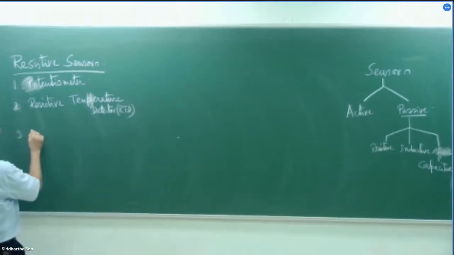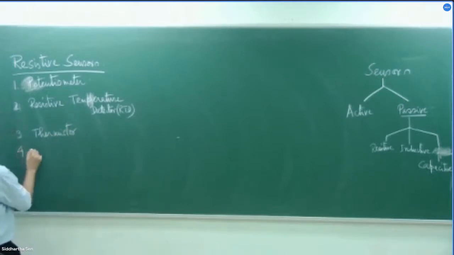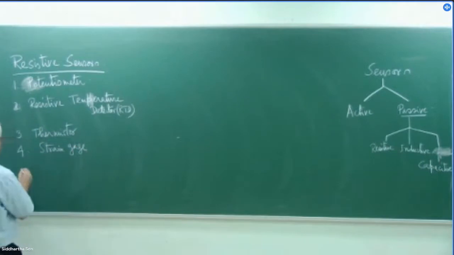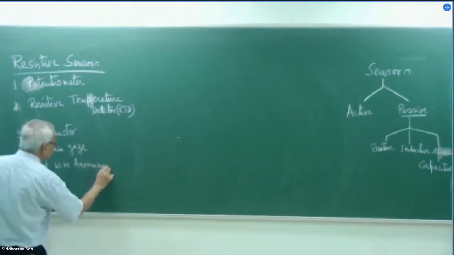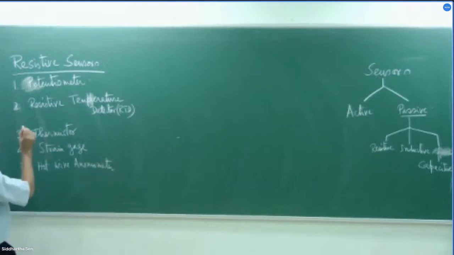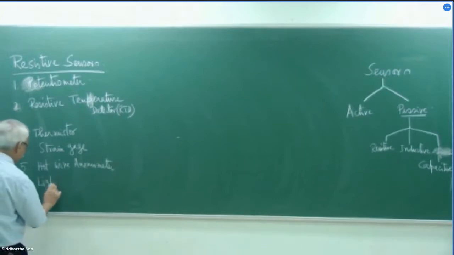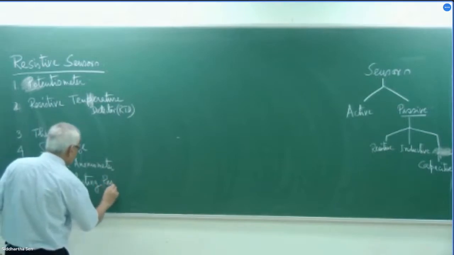It could be a thermistor, it could be a strain gauge, it could be a hot wire anemometer, it could be a light detecting resistance, or simply we call them LDR.